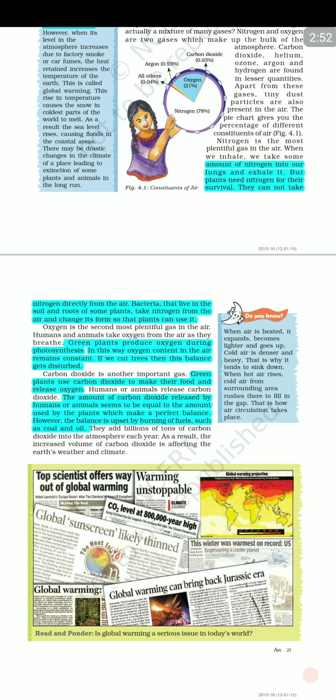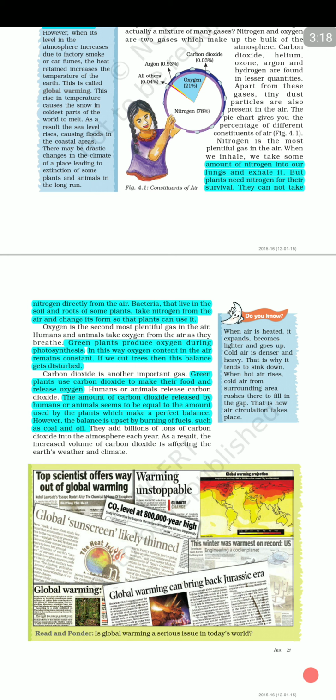So the cycle is maintained: we exhale carbon dioxide, plants inhale carbon dioxide, by which they make food, and in the process of photosynthesis oxygen is a byproduct, so that a balance is maintained.